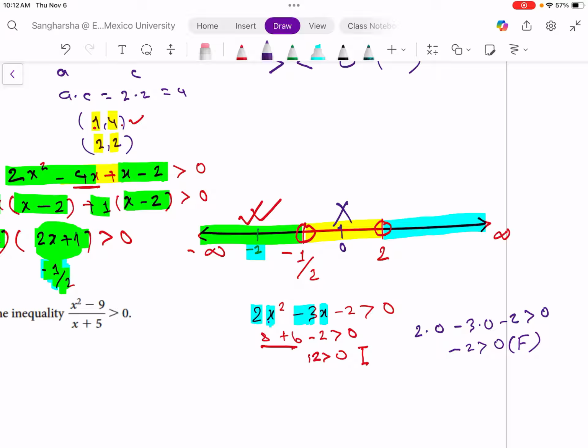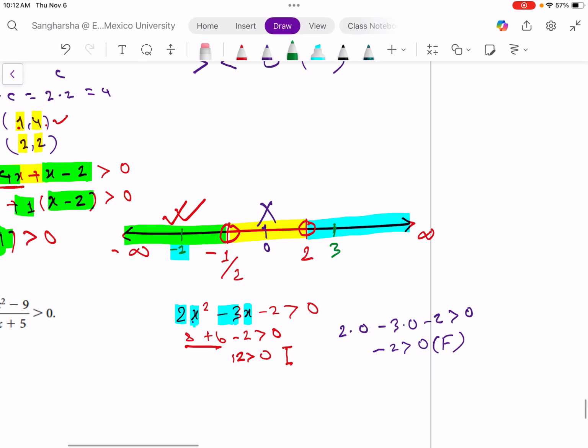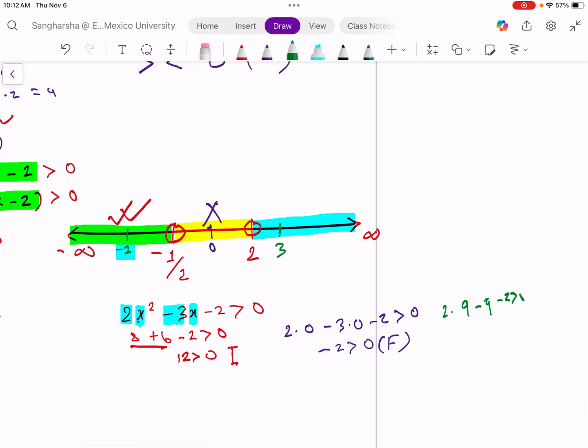Now we have one more. Let's pick 3, or you can pick any number. If we pick 3, we have 2 times 3 squared, 18, minus 3 times 3, 9, minus 2 greater than 0. So that's 18 minus 9, which is a positive 9, minus 2. So 7 greater than 0.